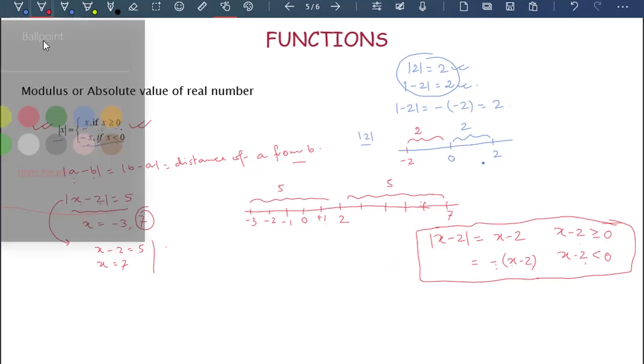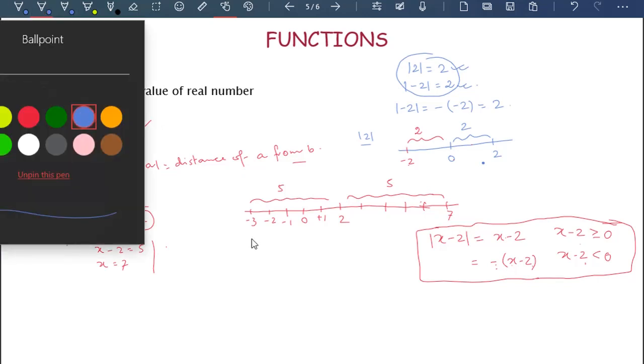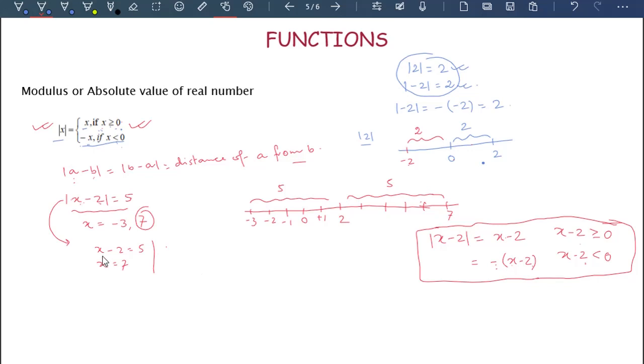So the other part will be, this is the case when x minus 2 is greater than 0. This is case 1. What is case 2? Minus times x minus 2 is equal to 5. So it is 2 minus x is equal to 5.